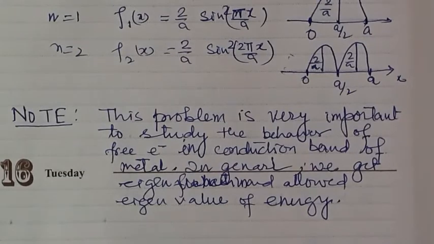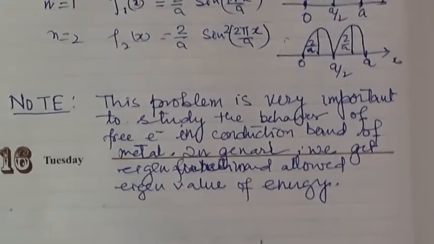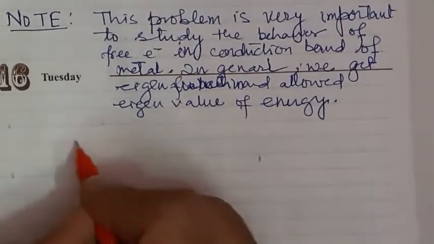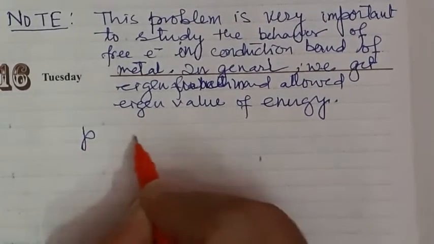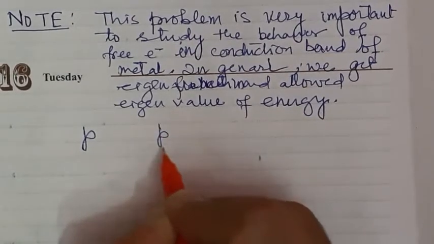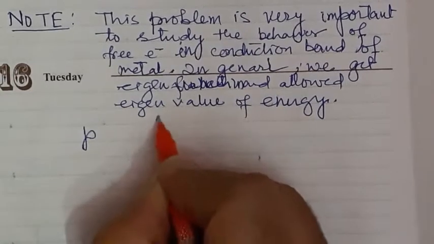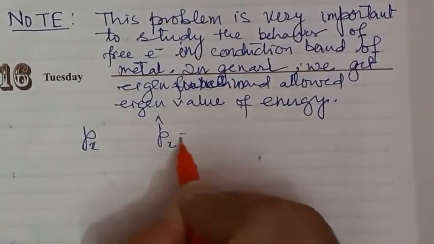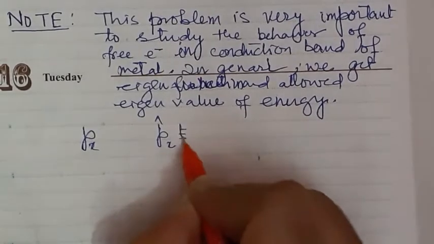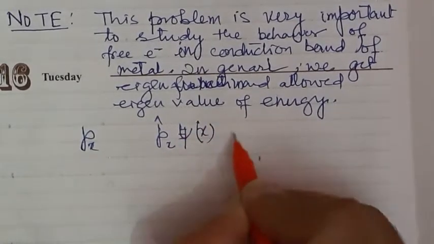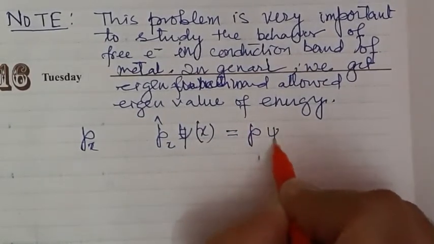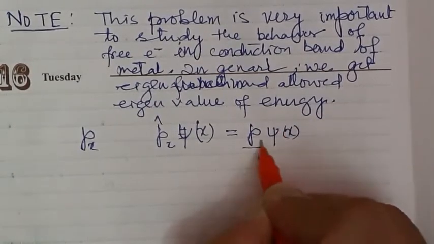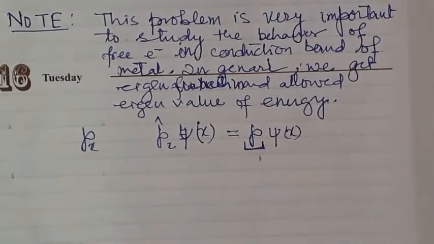Let's suppose you wish to calculate the momentum, defined as P. We operate the momentum operator on the wave function psi of x, and it results in the eigenvalue; all possible eigenvalues can be computed through this operation.